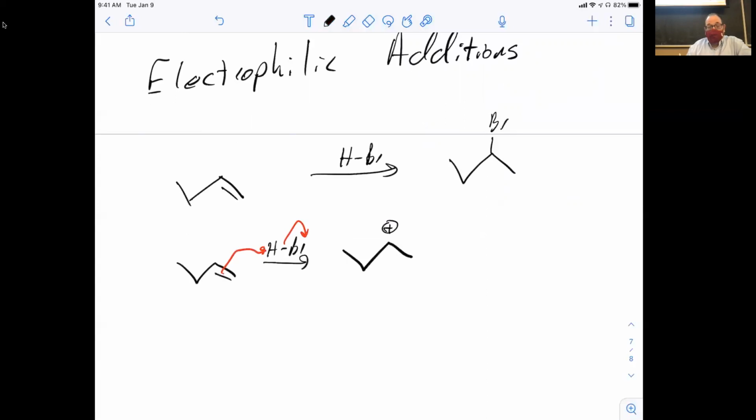I'm going to form the most stable carbocation, all right, which will be the most substituted carbocation. And then the bromine that's left will come in and attack the carbocation. So this is electrophilic addition to an alkene.